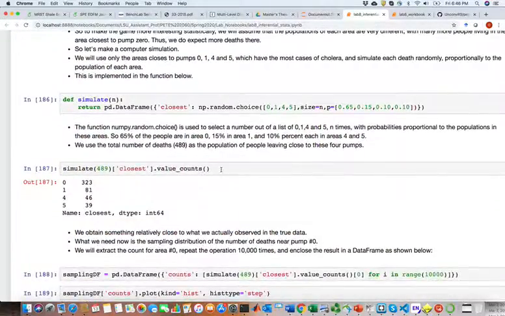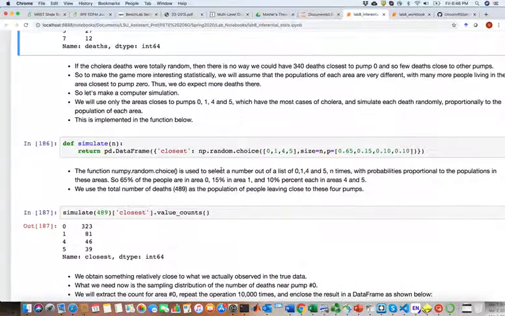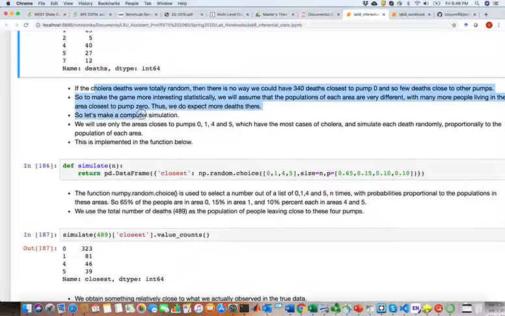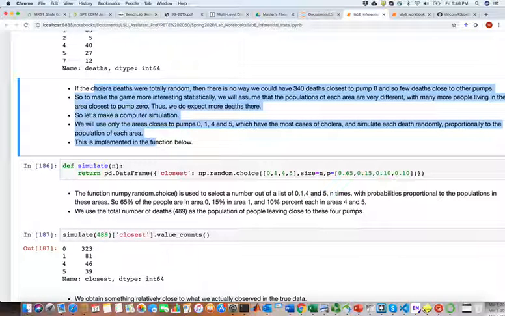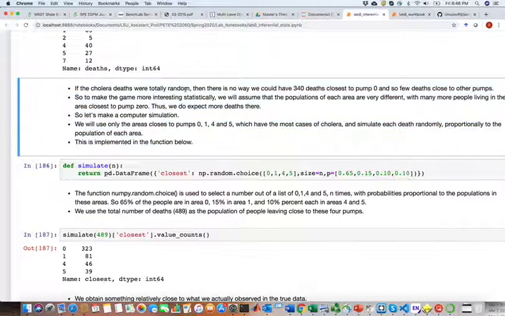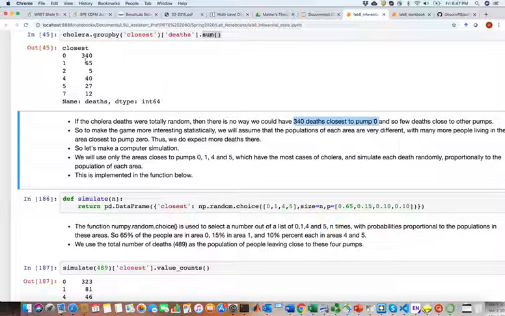And that is the null hypothesis, which we'll be using in hypothesis testing. So here you can read this. If the cholera deaths were totally random, then it's unlikely you will have 340 deaths close to pump 0 and so few deaths close to the other pumps. So like I said, we're going to assume more people live around pump 0 and perform a computer simulation.